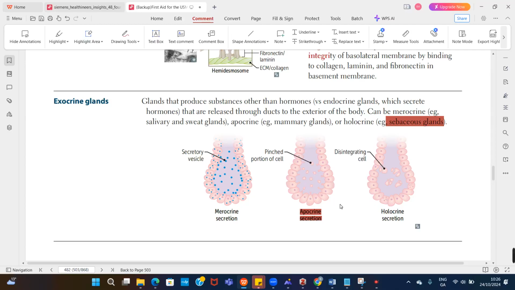So the mammary gland follows the apocrine secretion approach, and the cells containing the secretion are pinched off to release their content. So holocrine, sebaceous gland; apocrine, mammary gland that looks like an apple.